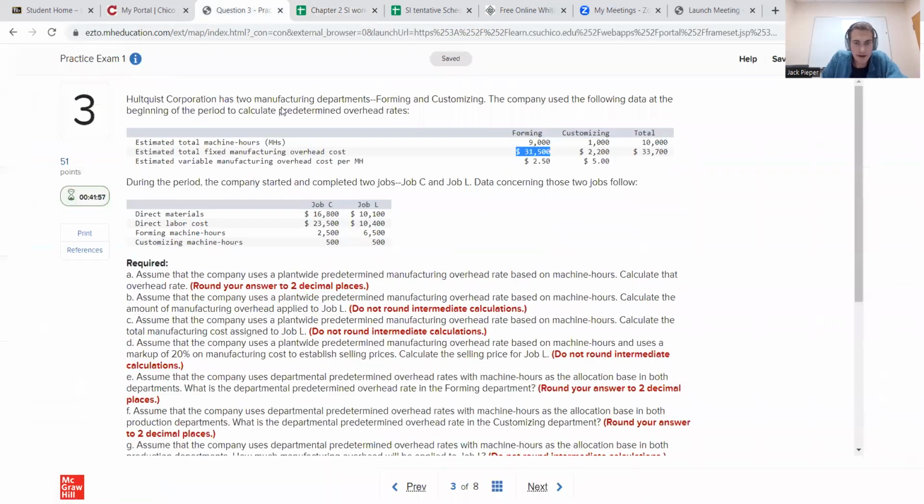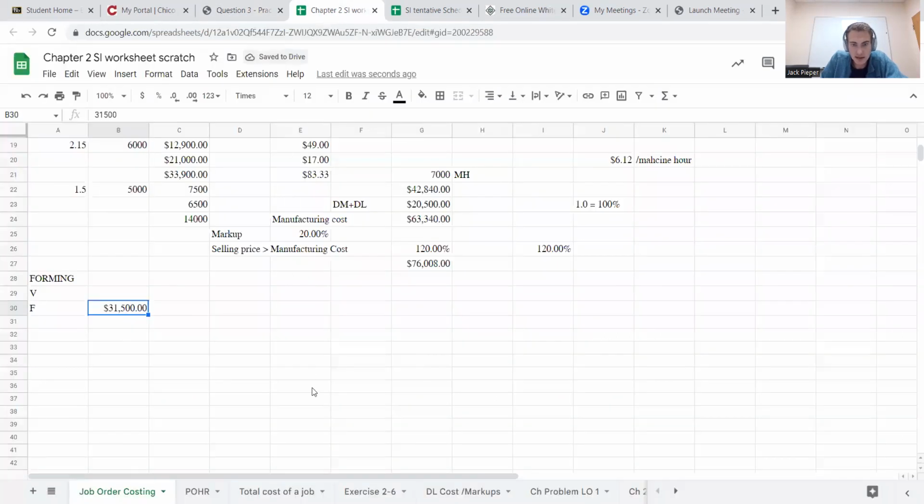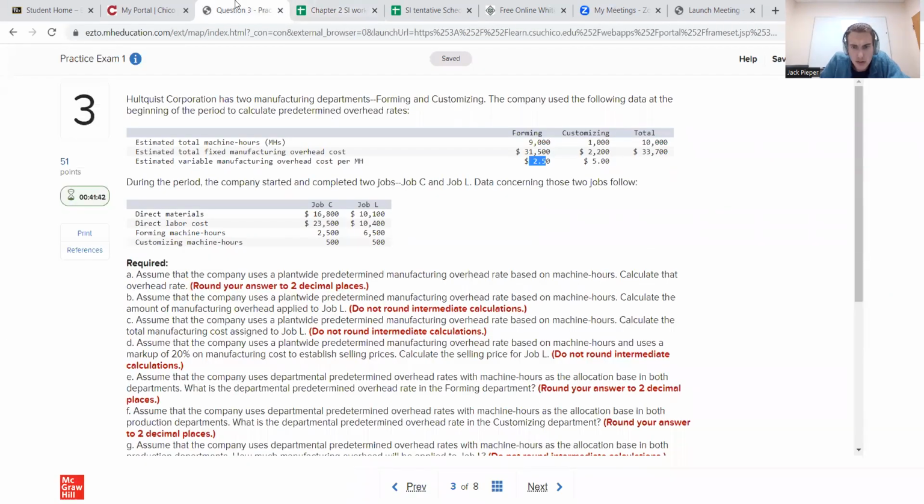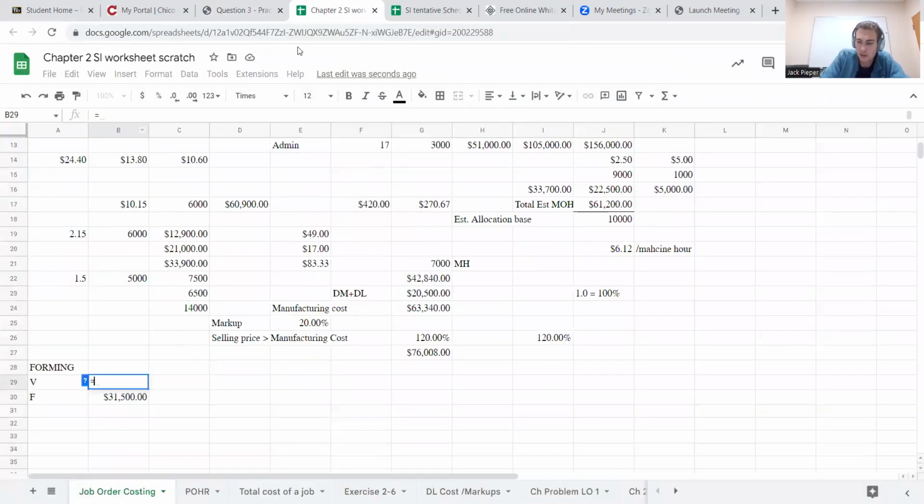And the variable is going to be the $2.50 times the 9,000. So we'll do equals 2.5 times 9,000. Okay, and we'll make sure that's expressed as a dollar amount.